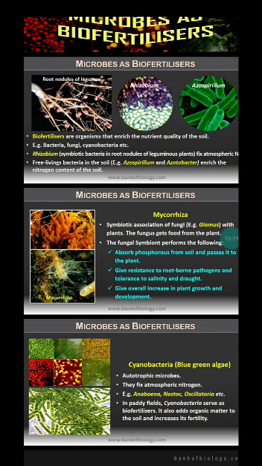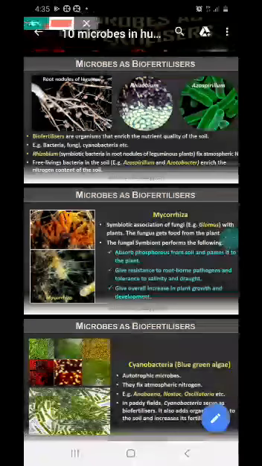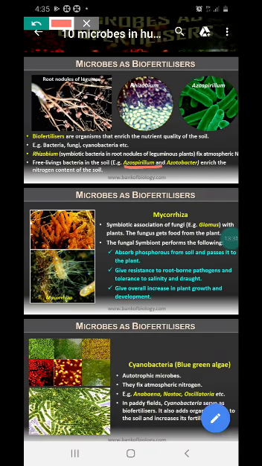Other bacteria which help to fix atmospheric nitrogen in the soil are Azospirillum and Acetobacter. They are already present in the soil, right? These bacteria live in the soil and also help to fix atmospheric nitrogen.